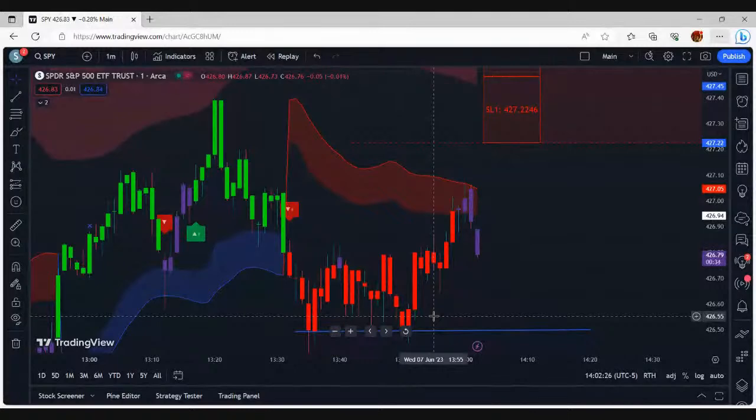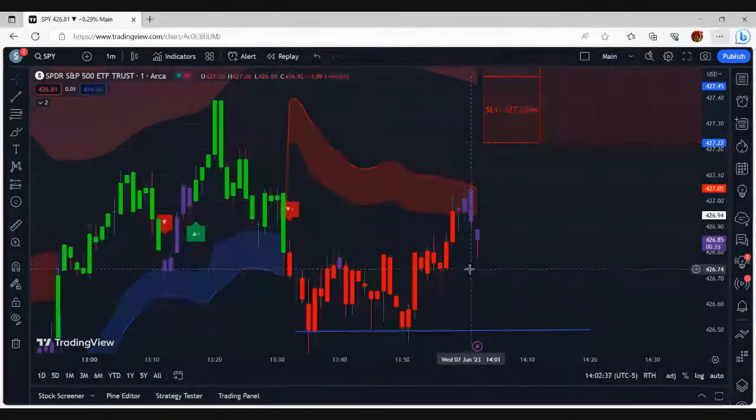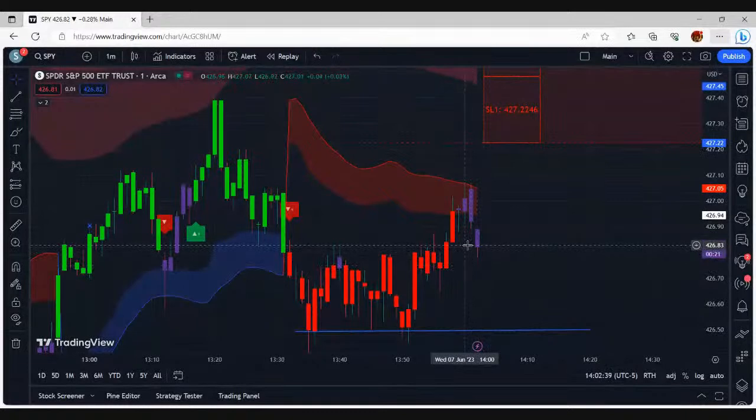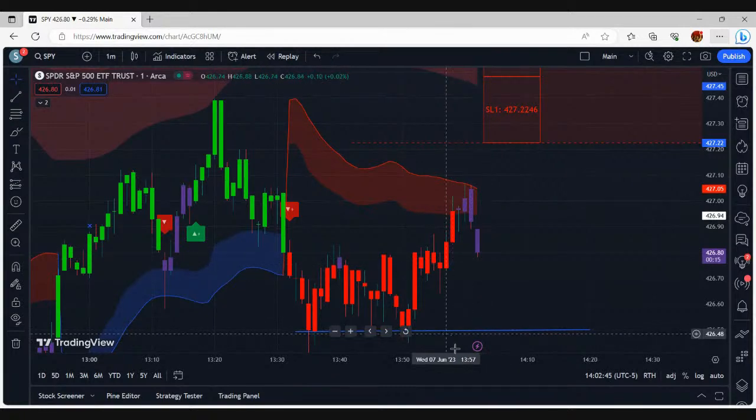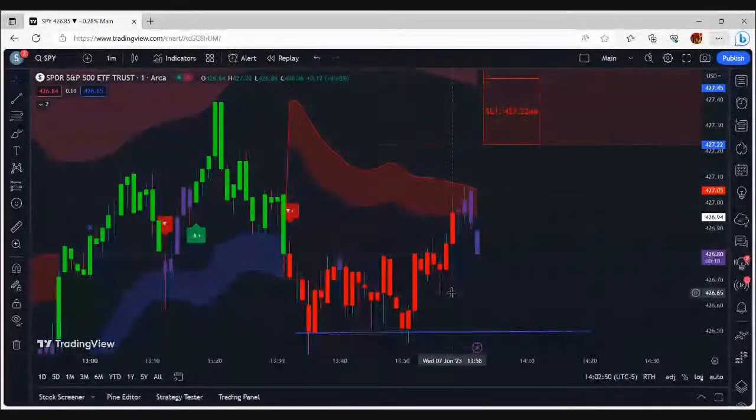I got 20 contracts. And I'll be looking for 110 to scale the first part, if it can get there, because who knows what's going to happen in the next few minutes.